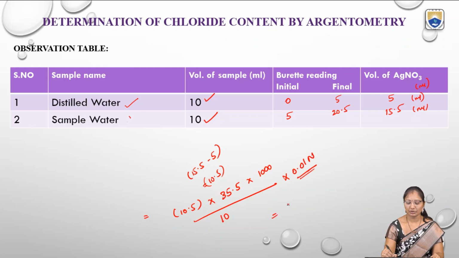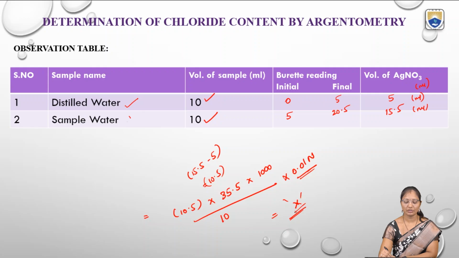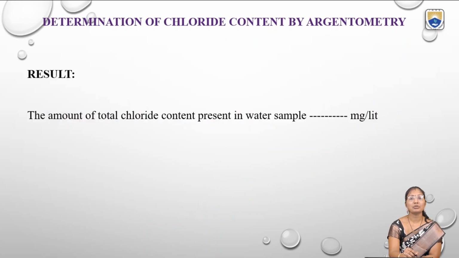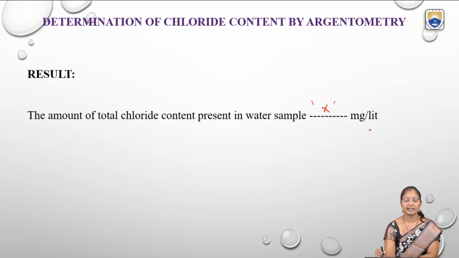This gives the result X, meaning X ppm present in the water. This is the concentration of the chloride present in the water. So the amount of total chloride present in the water is expressed as X mg per liter. So this is about the determination of chloride content in water using a laboratory experiment by the method of Argentometry.